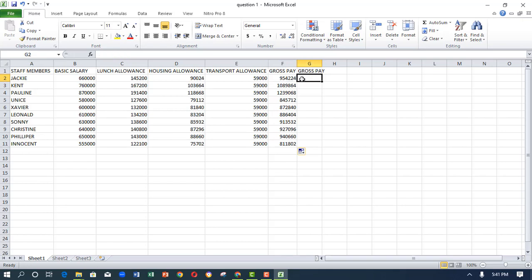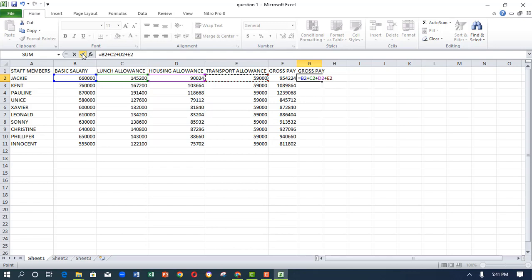So let's try a formula here. Remember, I told you a formula is a mathematical expression. It can be either logical or non-logical. With the formula, we're going to populate it ourselves. So how do we do that? You say equal sign cell B2 plus cell C2 plus cell D2 plus cell E2.